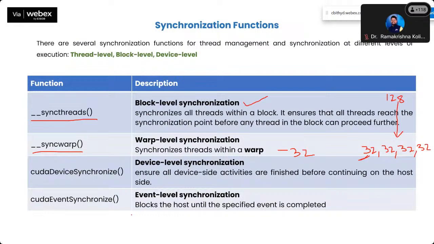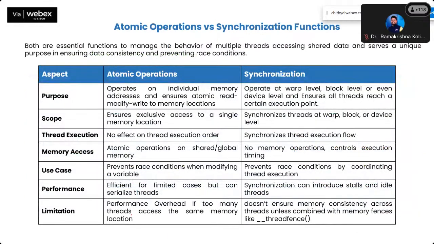But the thing is that both are somewhere helping in avoiding the race condition. But what is the difference between these two: atomic function operations and synchronization operations or synchronization functions?